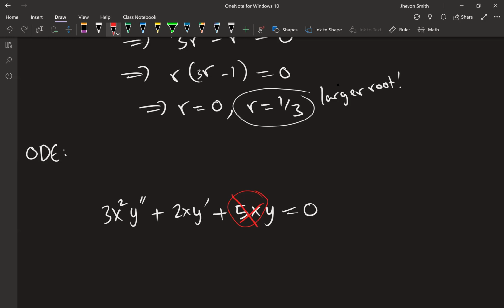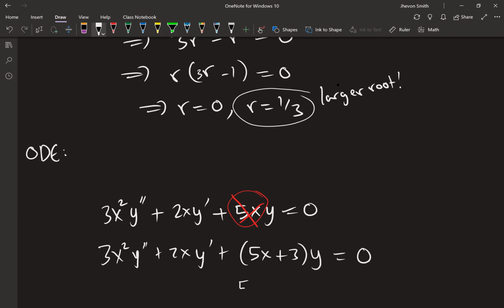If you had something like 3x squared y double prime plus 2xy prime plus 5x plus 3 times y equals 0, then that would distribute into 5xy plus 3y, and this one is okay, and that one is not okay, so you'd ignore that part and leave the 3. You keep the parts that make it look like an Euler equation.